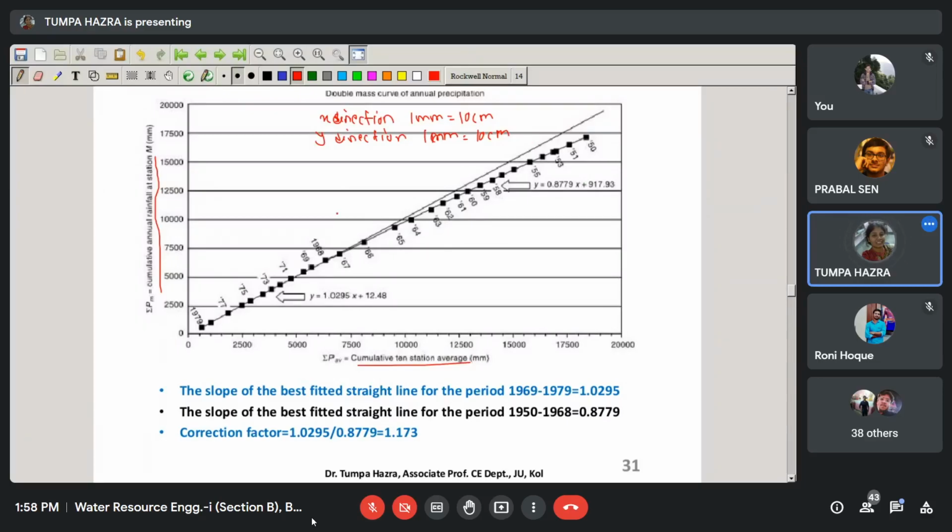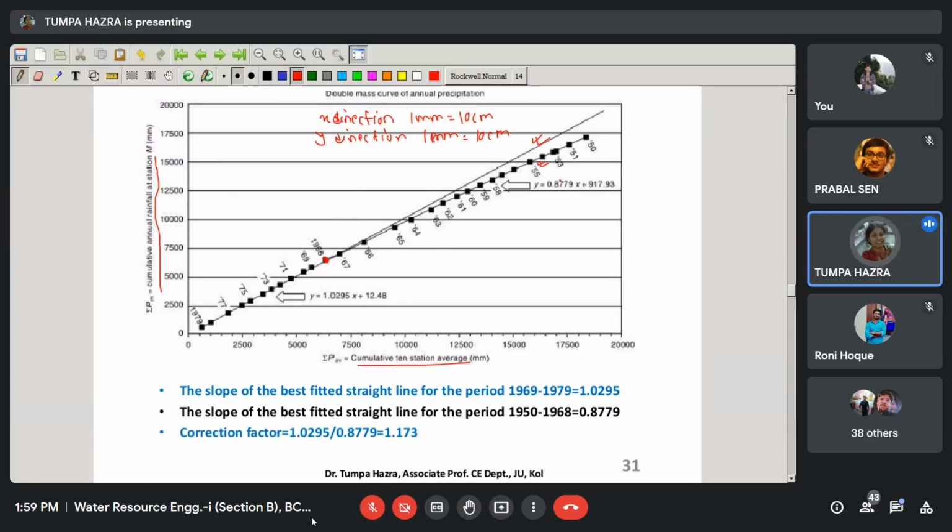From 1988, there is a breakage of the data. The slope should be this, but it becomes this. So your data is inconsistent in nature.